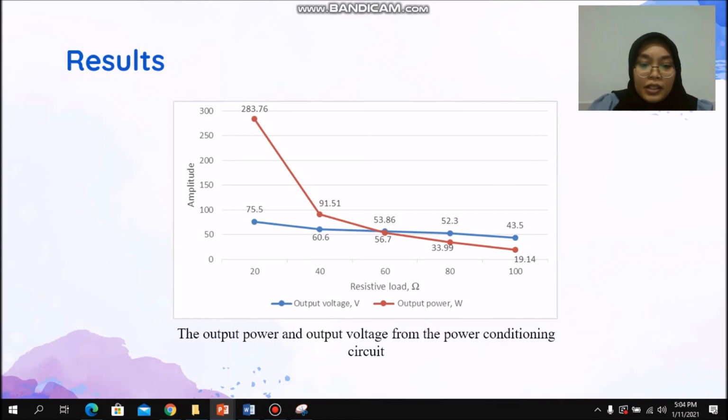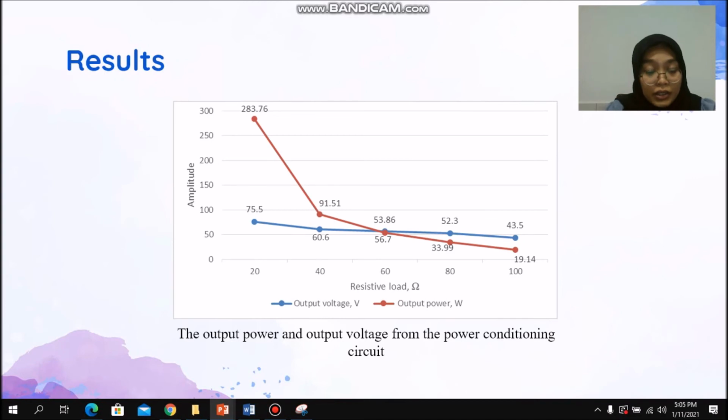So we have compared this output voltage with the calculated one, using the formula Vout equals D over 1 minus D times Vs. It was found that the calculated one is 103.5 volts. Compared to the simulation, which is 75.5 volts, the percent error is only about 27.05%.